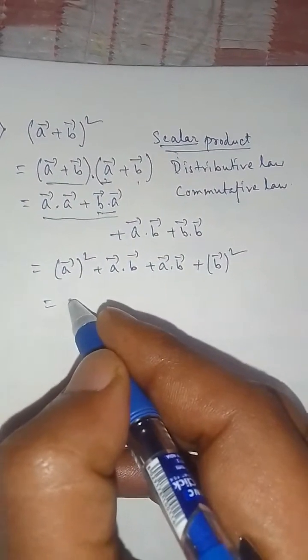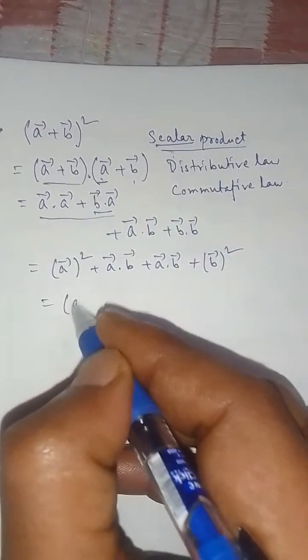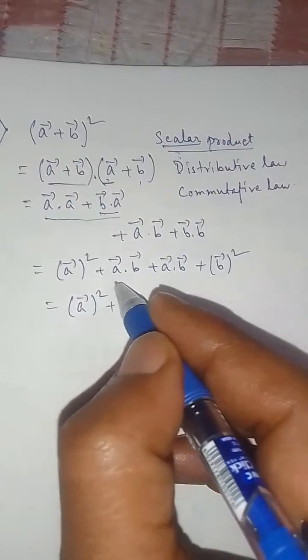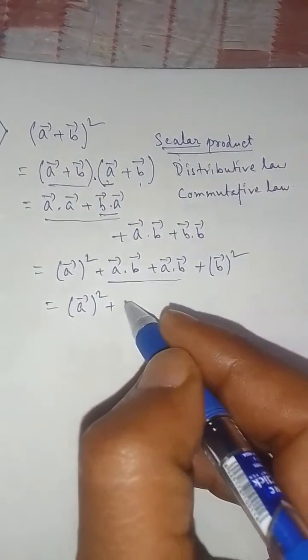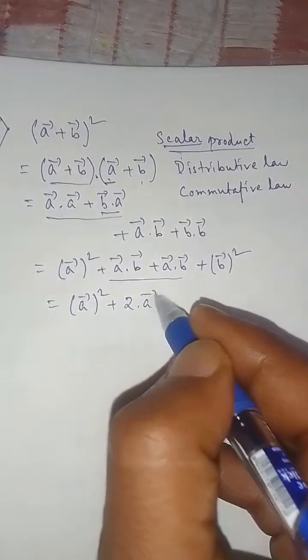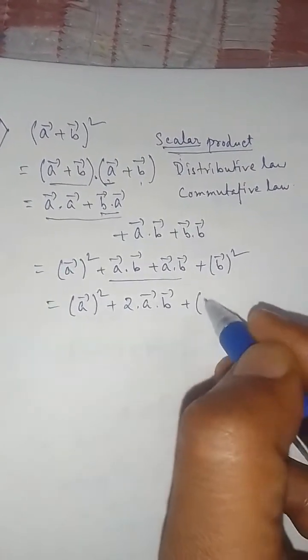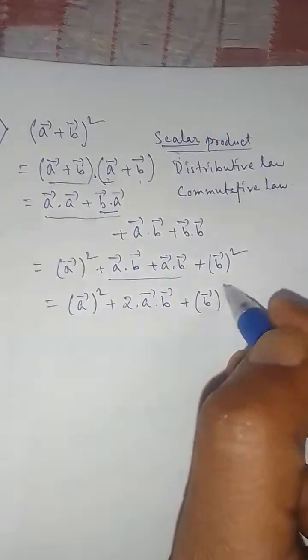So this will be a vector whole square plus, we can add up this, so it will be 2 into a vector b vector plus b vector whole square.